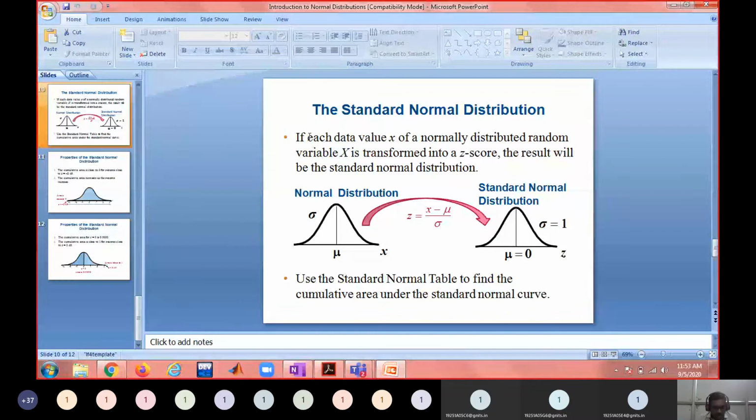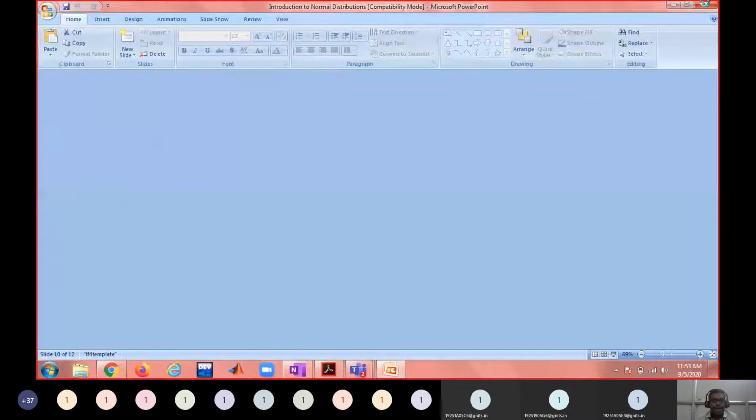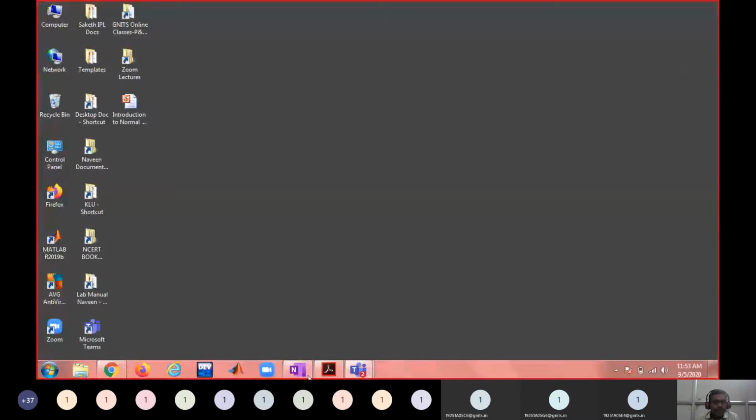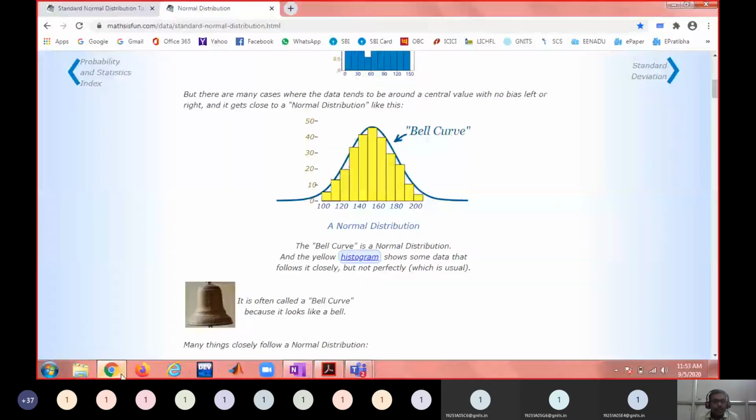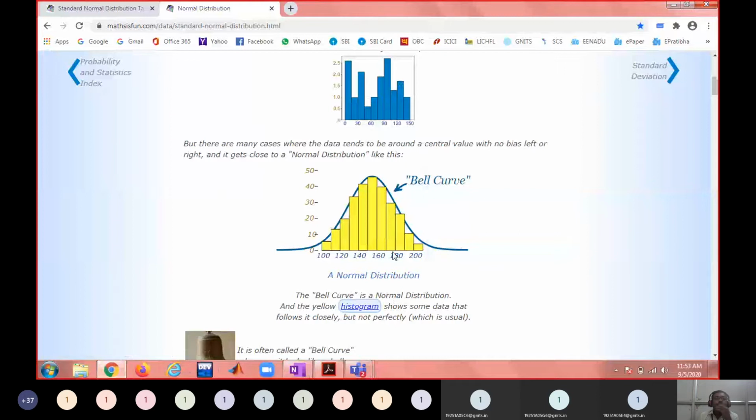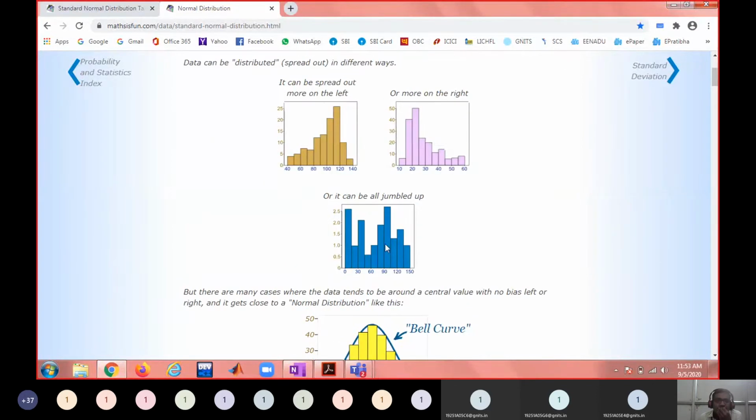Today we will see how to identify the probability through the normal distribution. I said the normal distribution is the distribution of a continuous random variable.